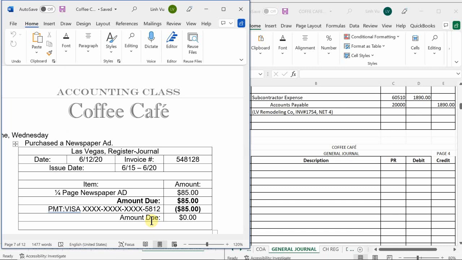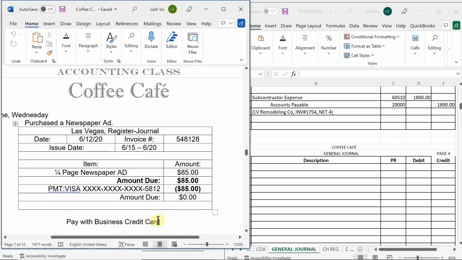So in this case, here's the receipt. They charged you $85 and you paid with your Visa credit card. So I paid with my business credit card for this quarter-page newspaper ad.